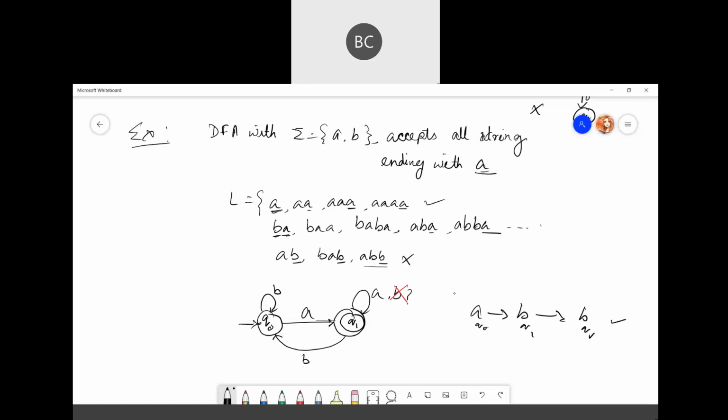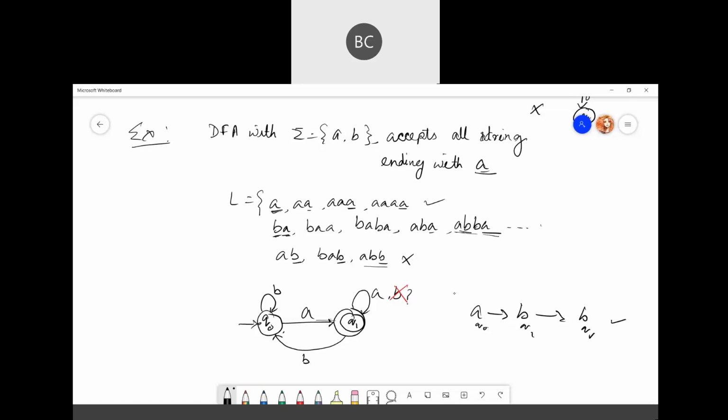So here it's solved. Any string that will be like ABB, it's reading A, then it's reading B. Now Q1 here, it's reading B again, goes to Q0. Again, it's reading A, so it's the final state.